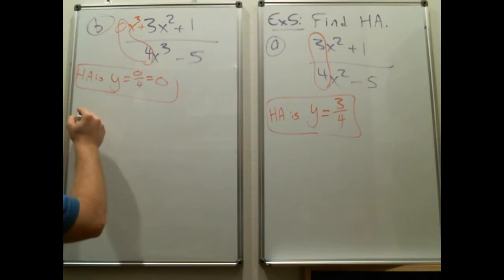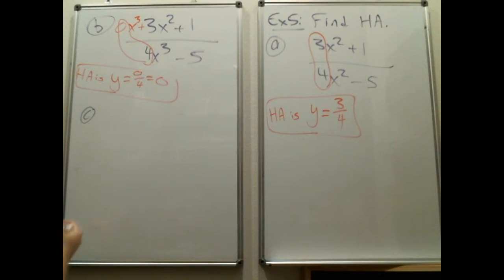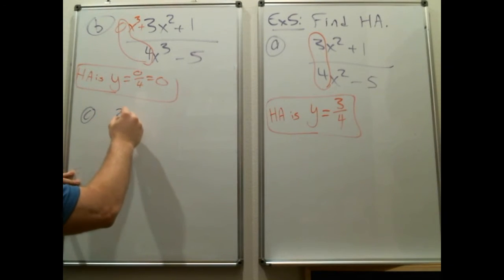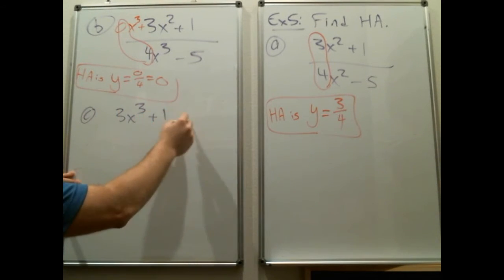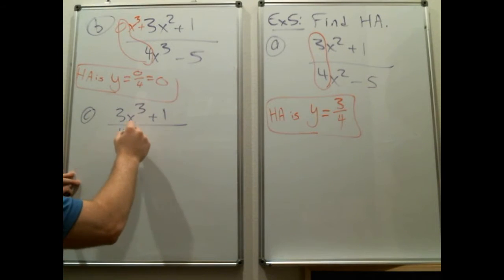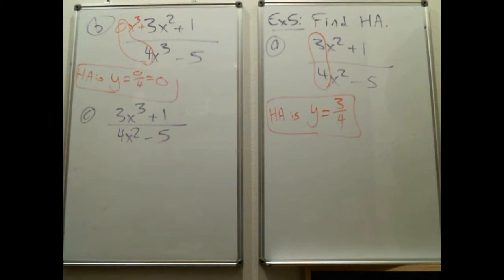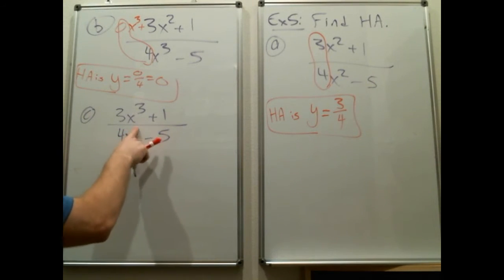And then there's only 3 options here. Part C, let's call it 3x cubed plus 1 all over 4x squared minus 5. Okay, so now the degree of the top is 3 and the degree of the bottom is 2.